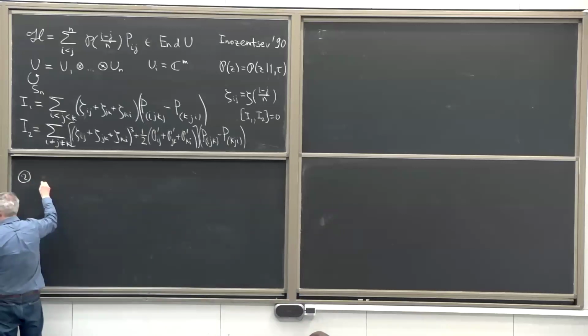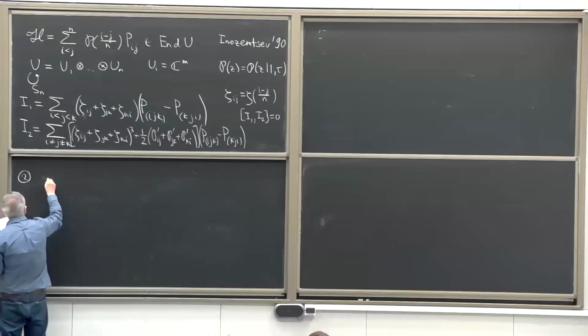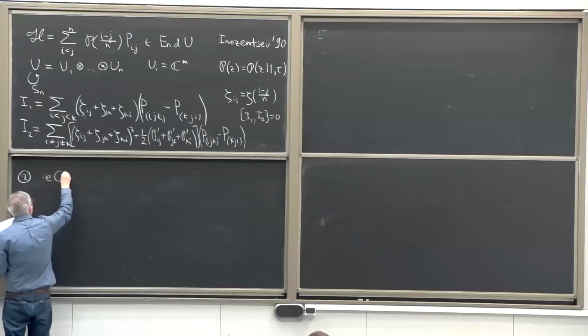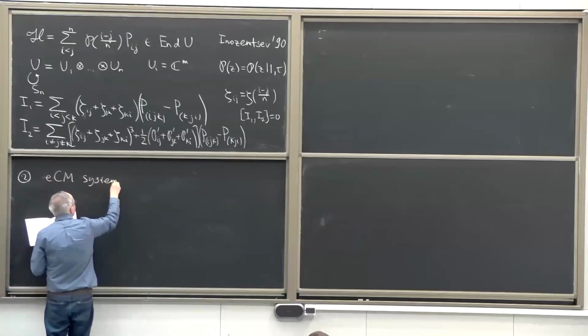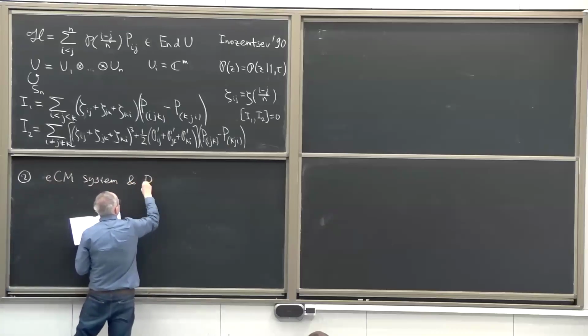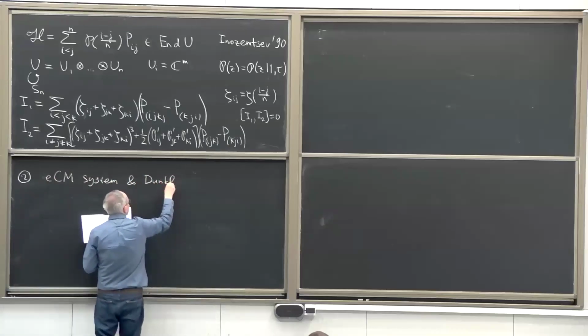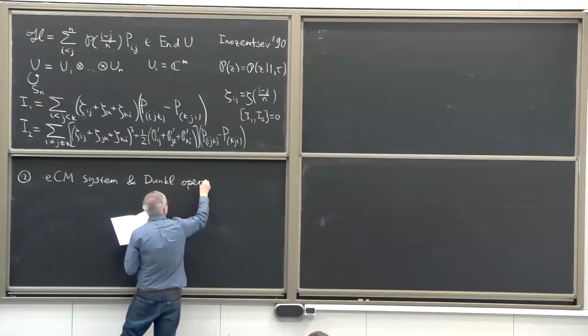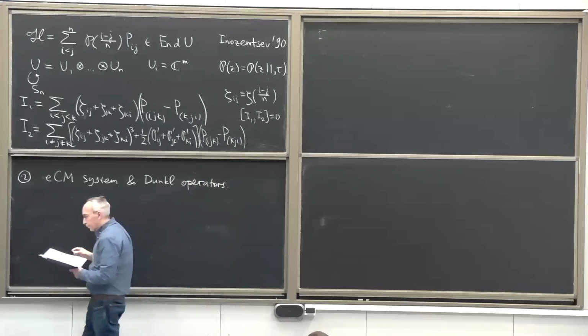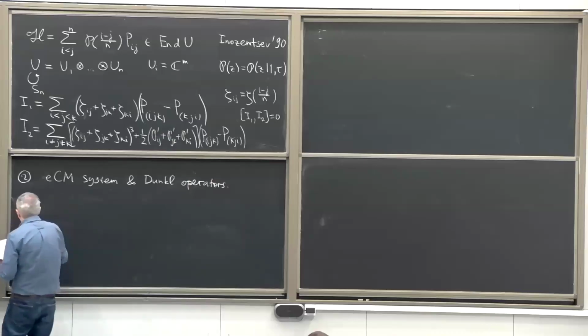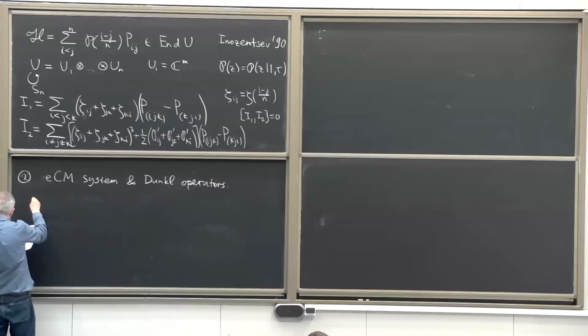Okay, so this was the introduction, so let me move on to explaining this a little bit. The ingredients we need are the elliptic Chalykh-Moser system and Dunkl operators. We have classical and quantum.